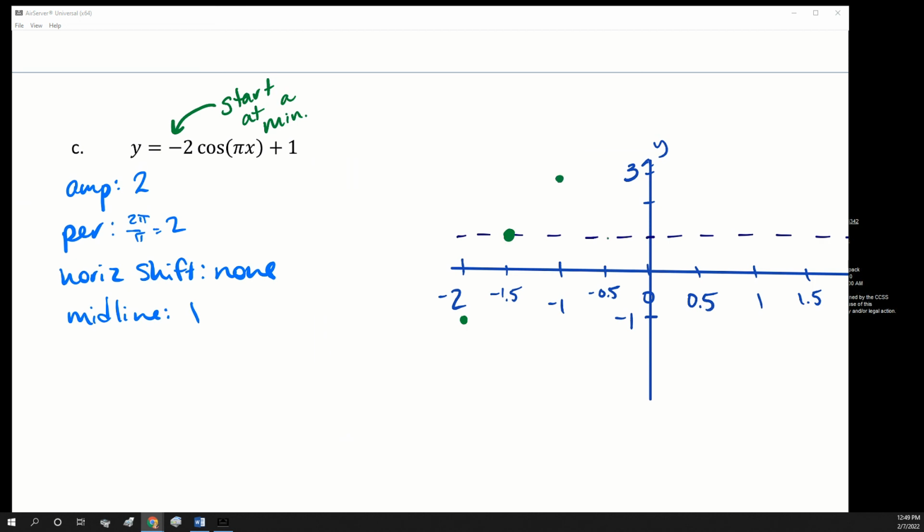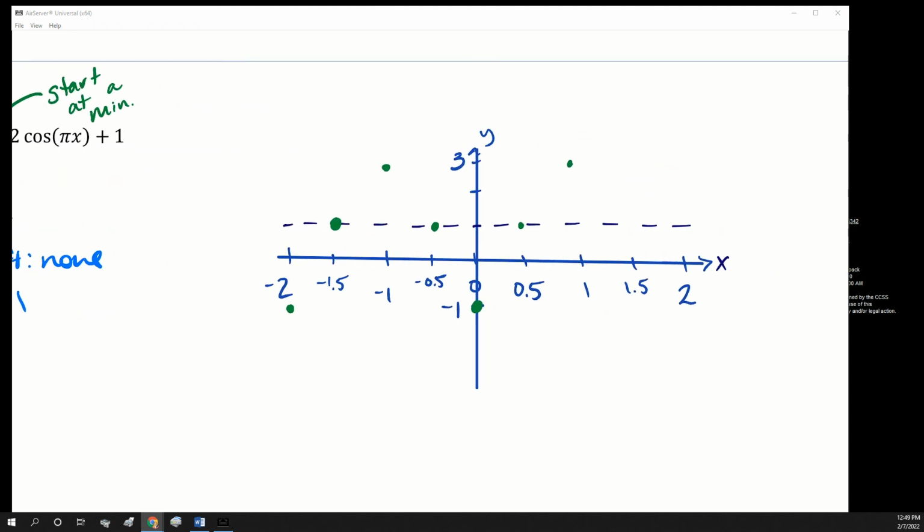And then max, midline, minimum. So we're just passing through the x-axis. It's not really that important this time. I mean, it still gives you x-intercept, but it's just not going to be a key point.